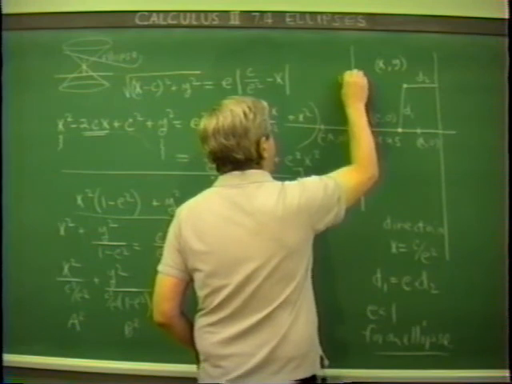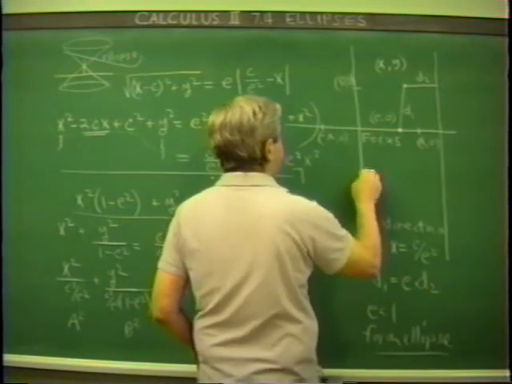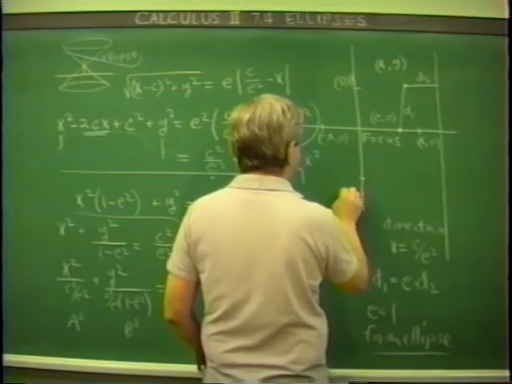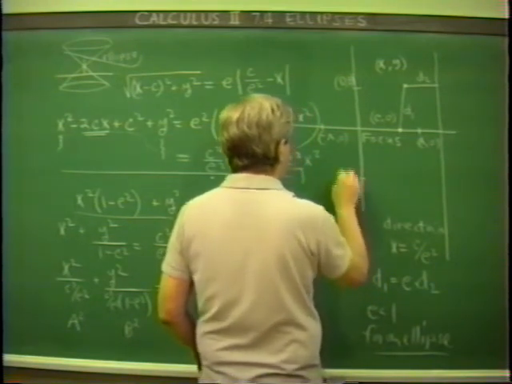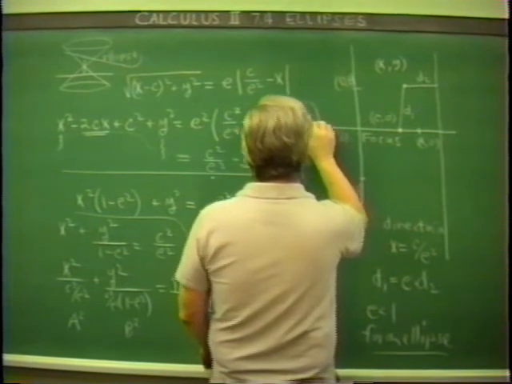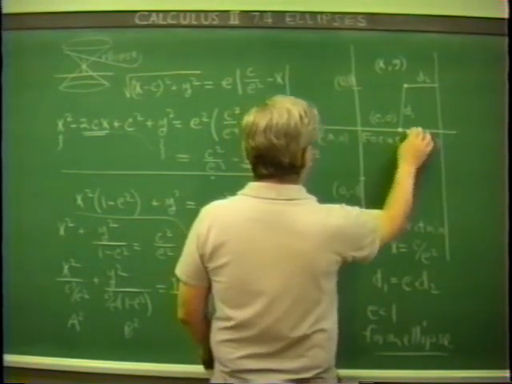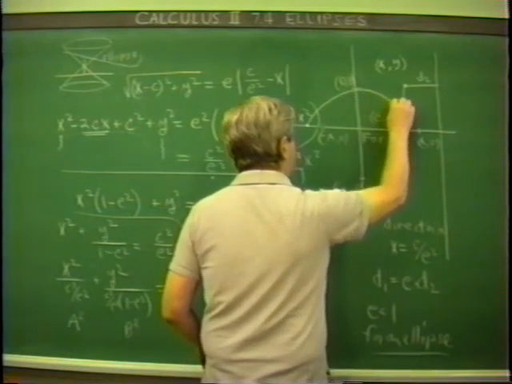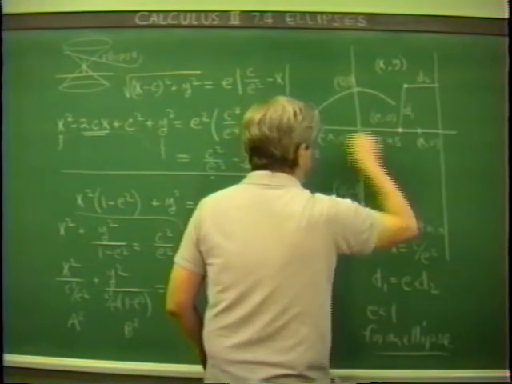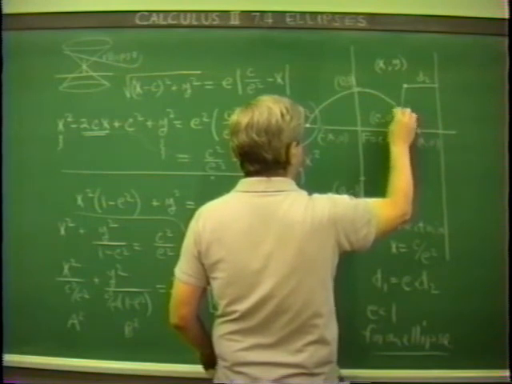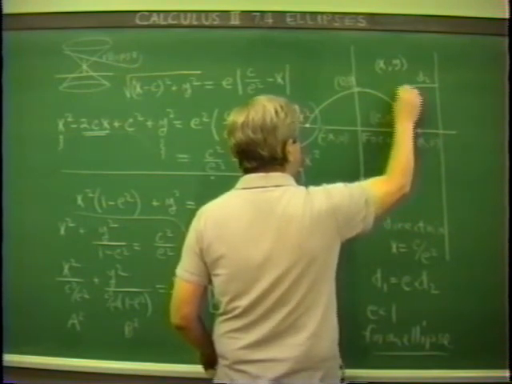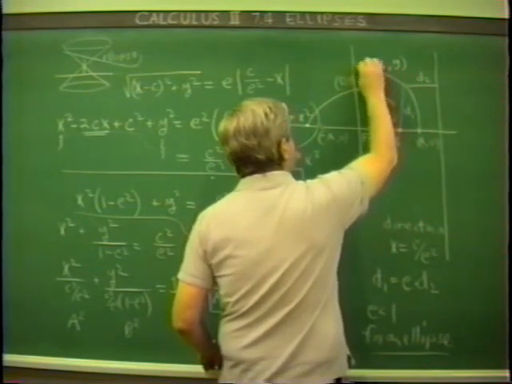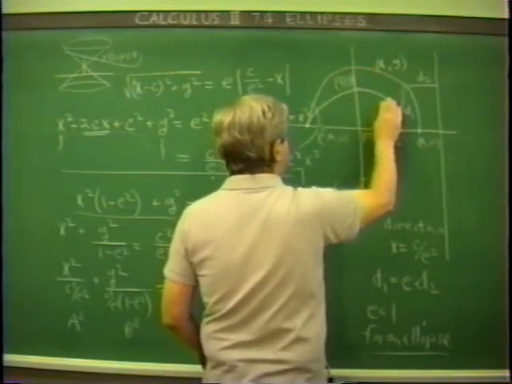So we get this point 0, b on the graph, and also the point 0, minus b. This is symmetric about the origin. Well, I guess it's supposed to go through this point right here.